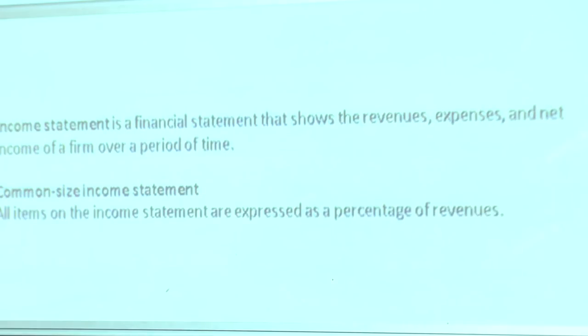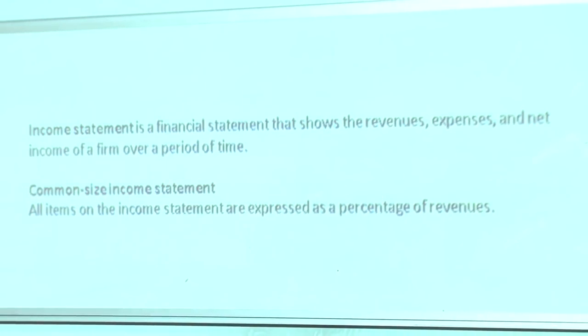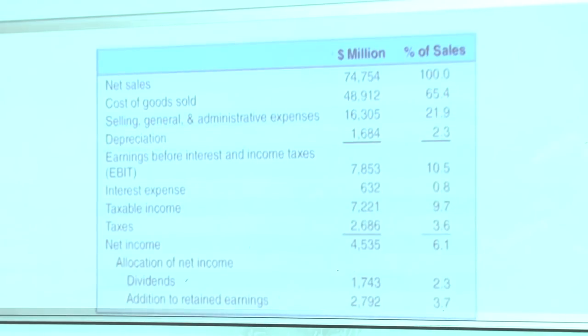An income statement is a financial statement that shows the revenues, expenses, and net income of a firm over a period of time, either a quarter or a year. A common size income statement divides all items by sales. Net sales minus cost of goods sold minus administrative expenses and depreciation is equal to EBIT, operating income.